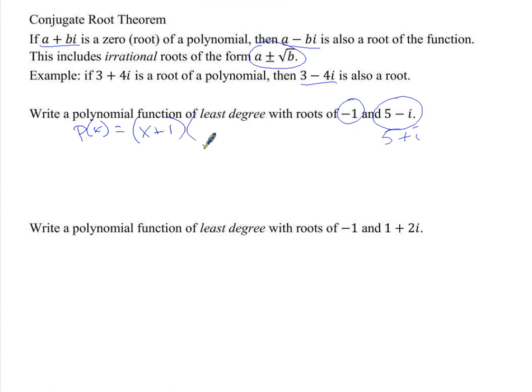Times, and this is where it gets really fun, x minus my next root. My next root was 5 minus i. So in parentheses, 5 minus i. Times my last root that I had to write because they didn't give it to me, x minus, in parentheses, 5 plus i.